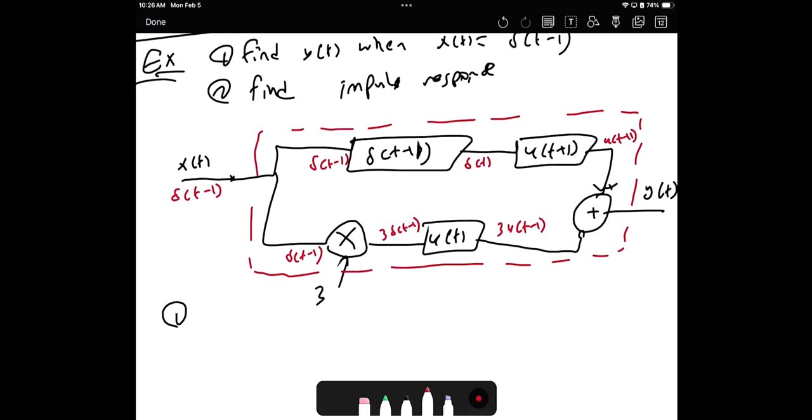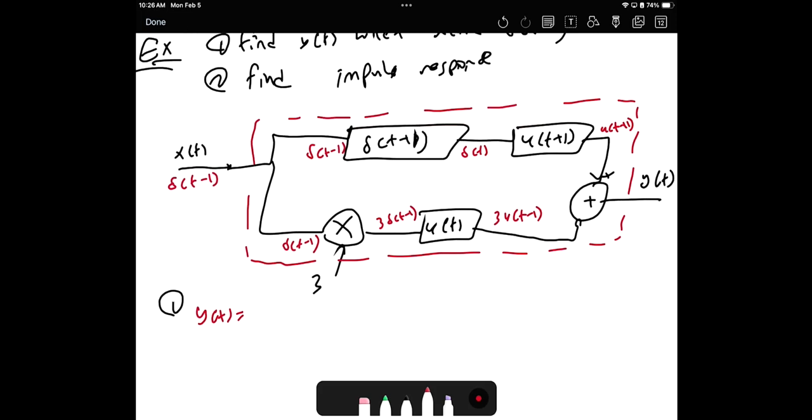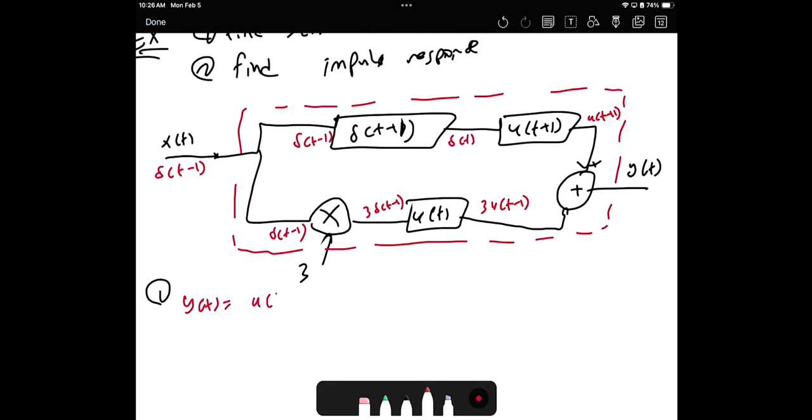So y of t will be u of t plus 1, both of them positive, plus 3 u of t minus 1. Okay? Does this make sense?